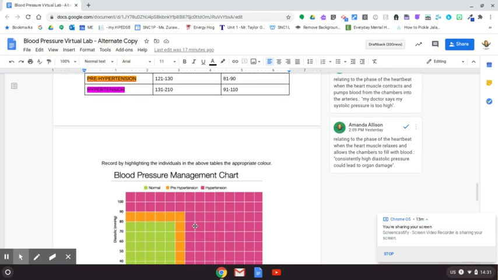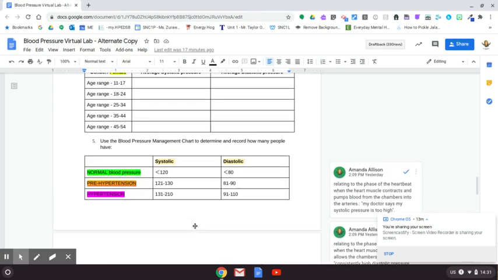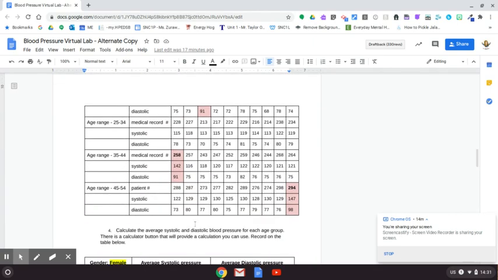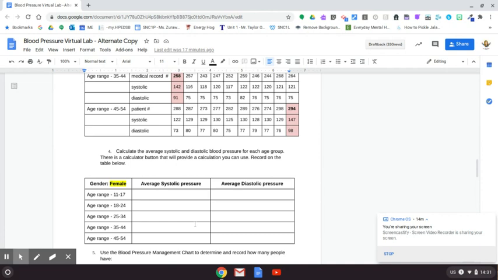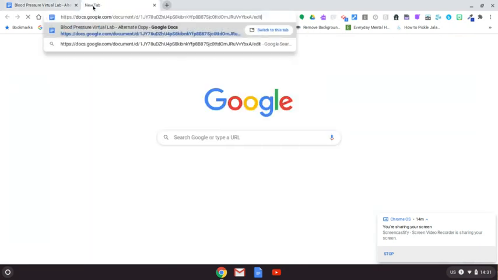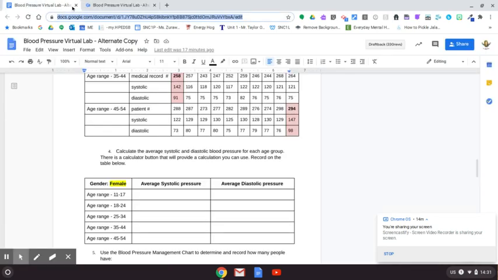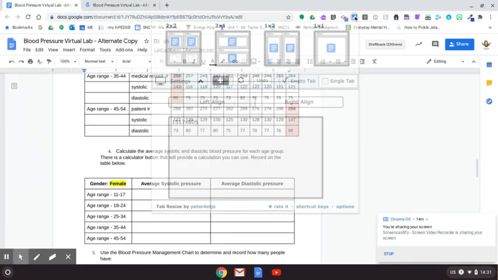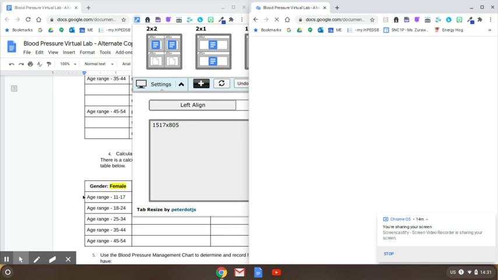So what you guys are going to do up in this chart here is you can look at, maybe we'll open this twice. So I'm just going to copy that, paste it over. And I'm going to do tab resize again, just so I can put these things side by side.